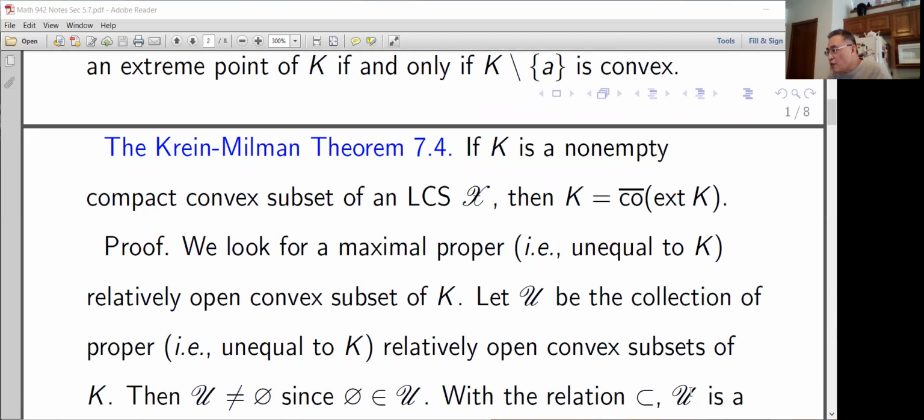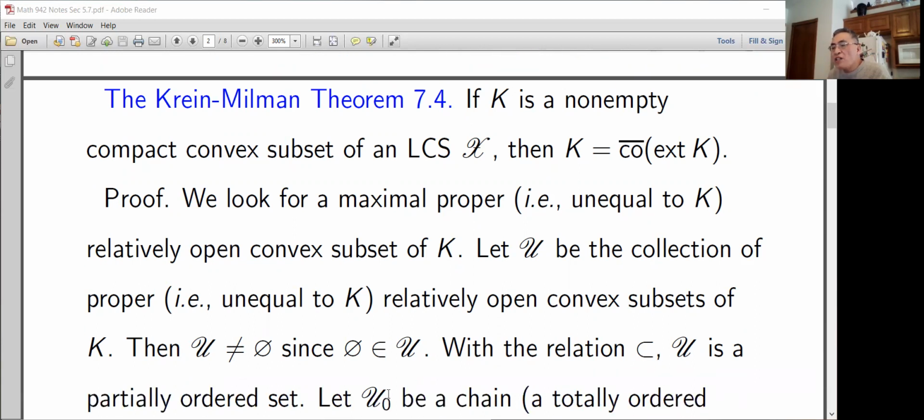Then with the relation subset, contained in, U is a partially ordered set. The relation means one member is contained in the other member.